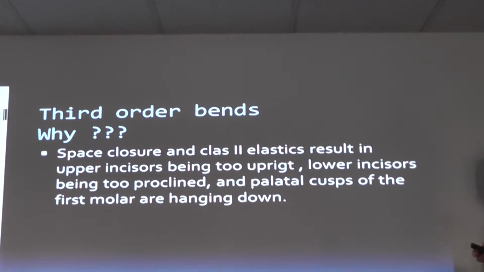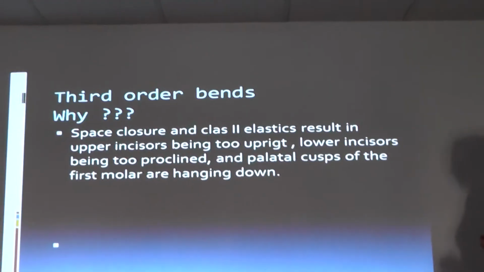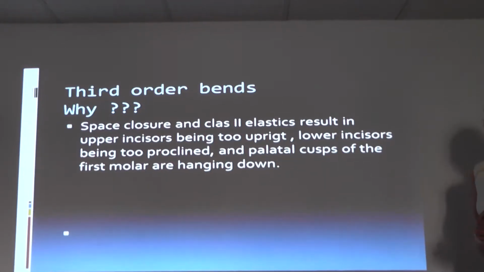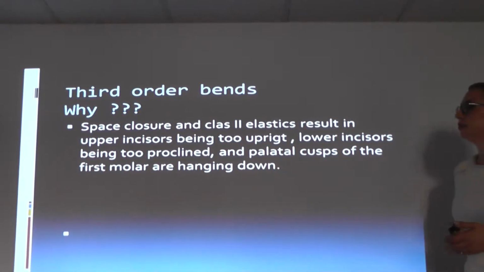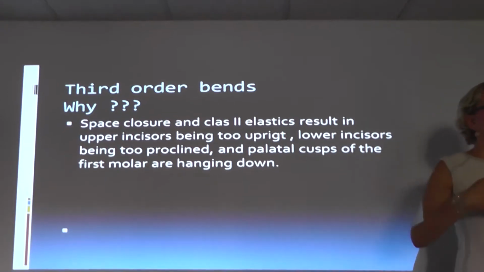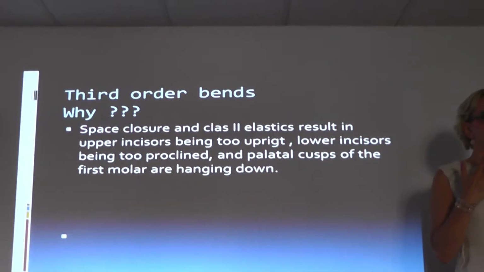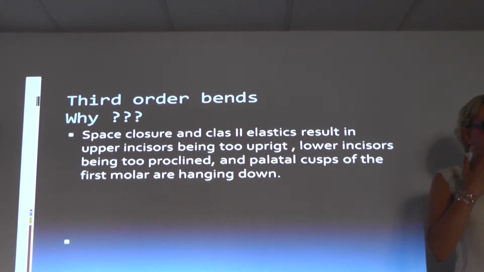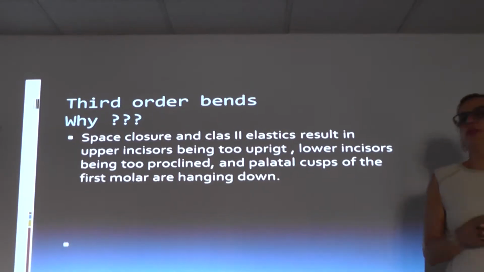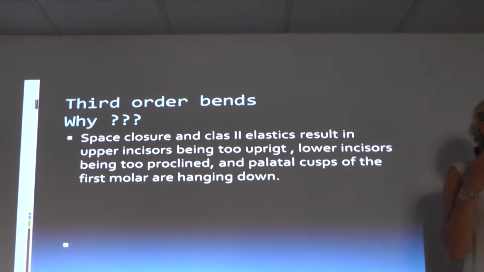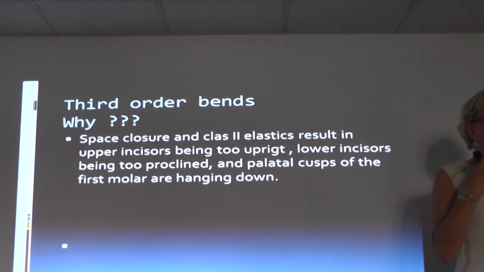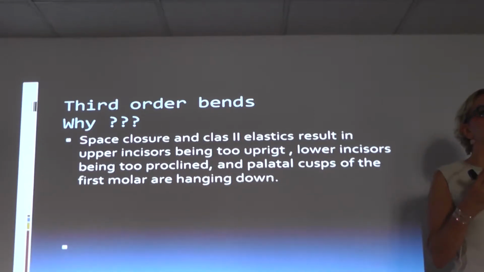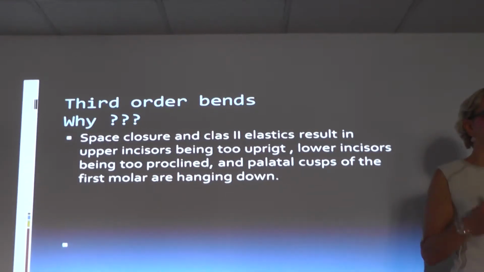And after class 2 elastics, the upper incisors end up too upright. We know that upper incisors have to have buccal crown torque. And after class 2 elastics, lower incisors have been proclined, so they need lingual crown torque.